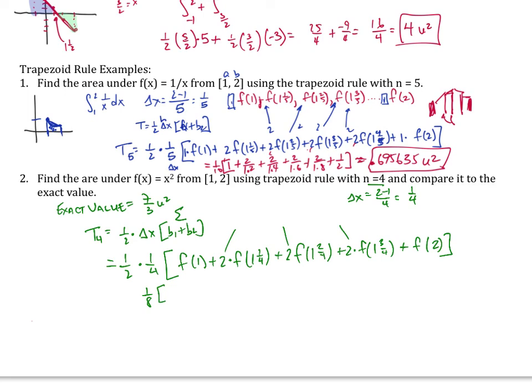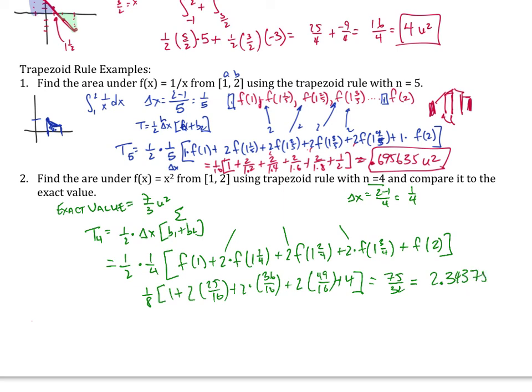This is going to be 1 plus 2 times 25/16 plus 2 times 36/16 plus 2 times 49/16, and the last one will just be 4. Adding all this up, you get 75 over 32, which is equal to 2.34375 square units. All right.